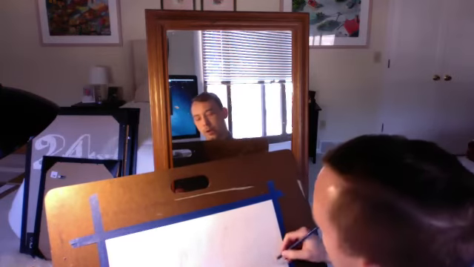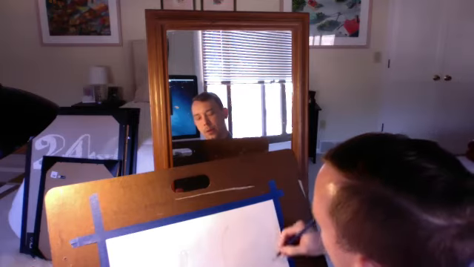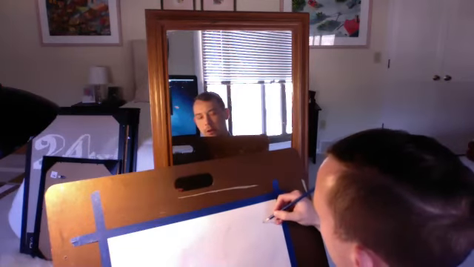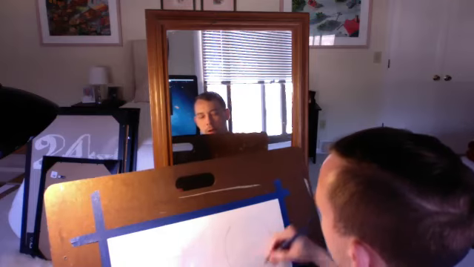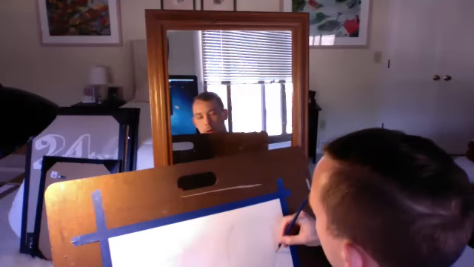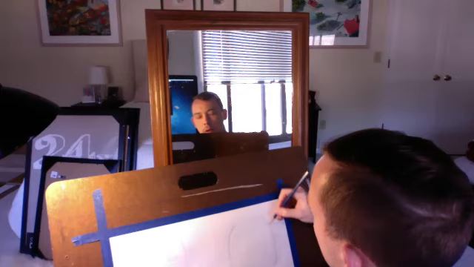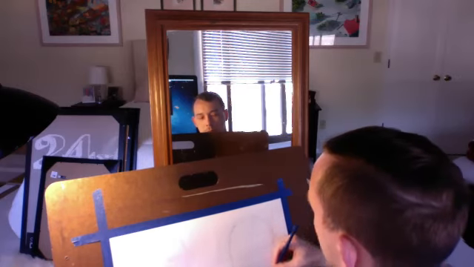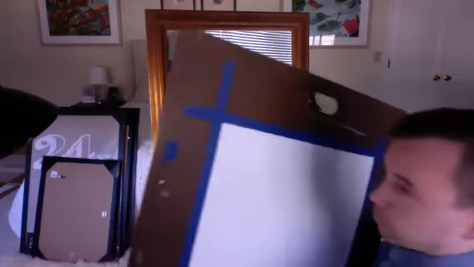If you don't want to put in the ear just yet either, and you just want to make the basic shape, I'll darken it in a little bit. It's kind of making that basic shape.